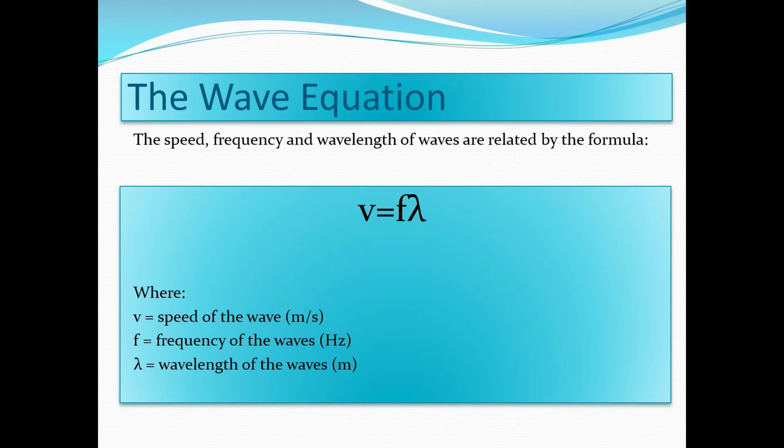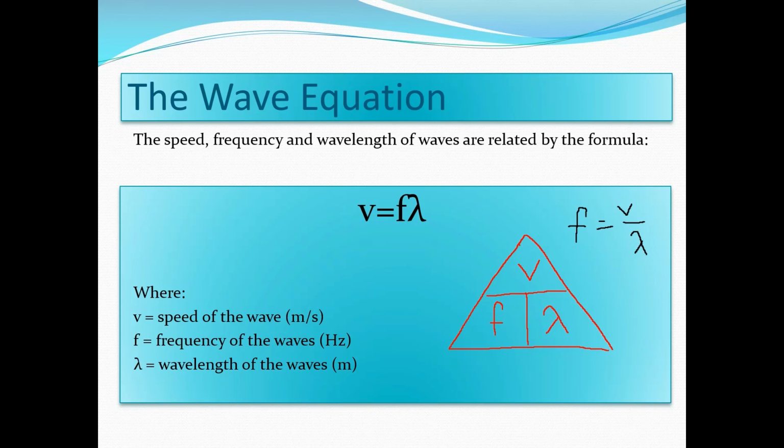And again, if we wanted a triangle for these, hopefully I can do a better job than I did on the last one. We can pop ourselves a little triangle there and put in the thing. So V goes on the top, F here, and lambda there. That means then if we wanted to rearrange it, that would give us that F is equal to V over lambda.